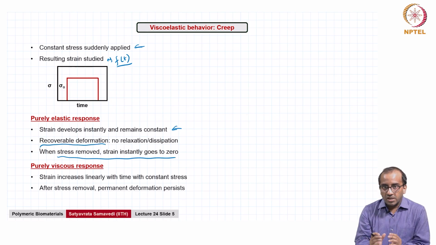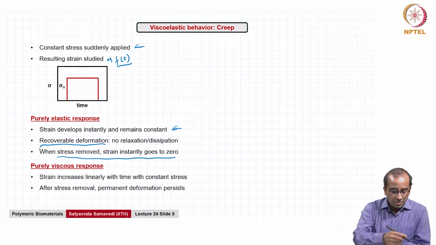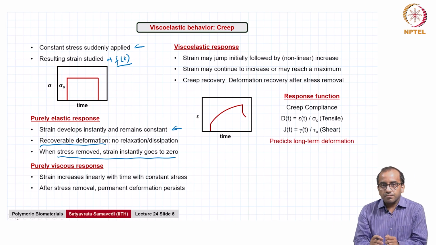So, that is the purely elastic response. The purely viscous response, as we have seen, is that strain is going to linearly increase with time at constant stress, and remember, the stress itself is not changing with time. You have applied a certain stress and you are holding it constant. At constant stress, strain linearly increases with time, and then after stress is removed, the deformation is going to be permanent.